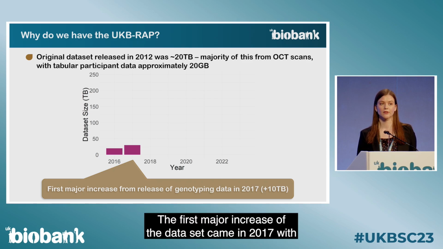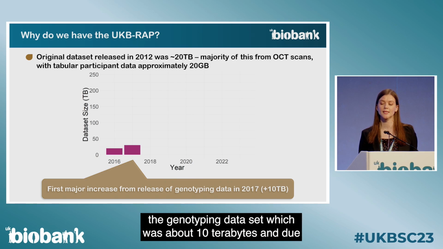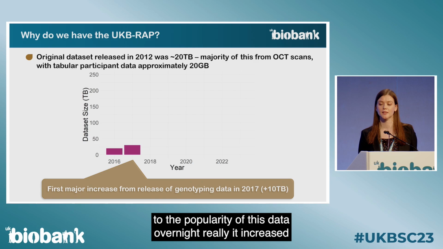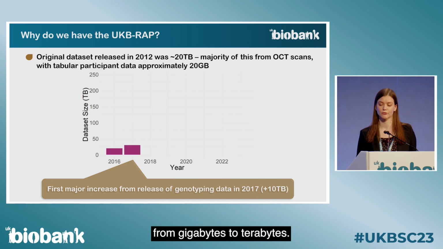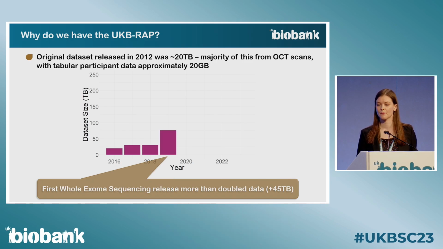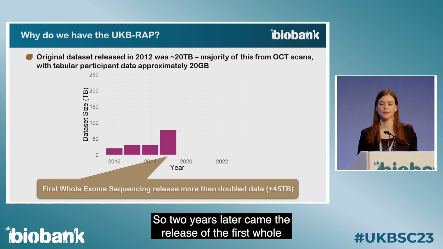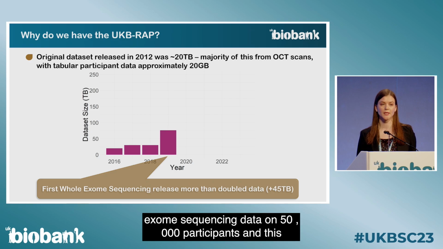The first major increase of the dataset came in 2017 with the genotyping dataset, which was about 10 terabytes. And due to the popularity of this data, overnight really, it increased the size of the dataset researchers were accessing from gigabytes to terabytes. So 2 years later came the release of the first whole exome sequencing data on 50,000 participants.